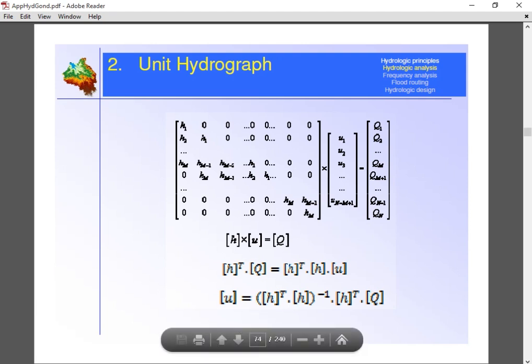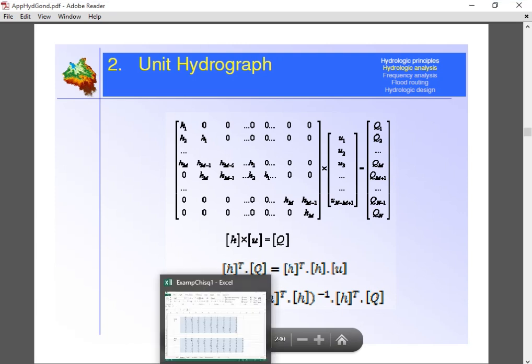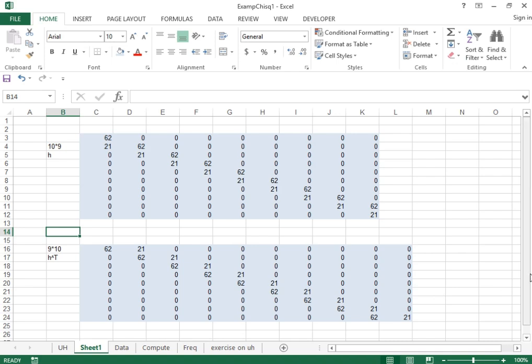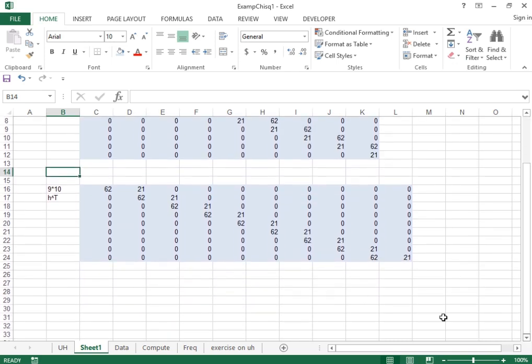So when you multiply, the other thing here is you should multiply that.